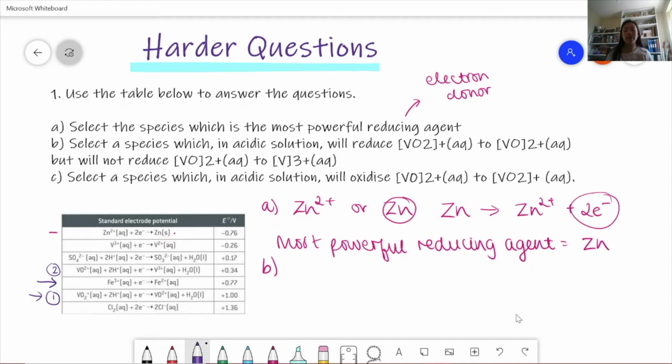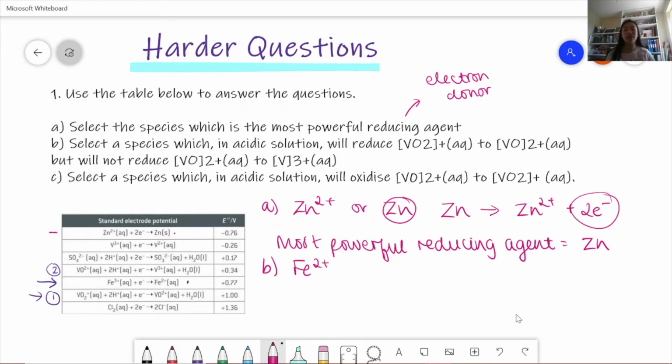So we must have the Fe equation reversed, because electrons need to be given to the VO2+ half cell from the Fe2+/Fe3+. So Fe2+ is going to be forming Fe3+ and the electrons. And so the species that will reduce VO2+ to VO2+, but will not reduce VO2+ to V3+, is Fe2+.